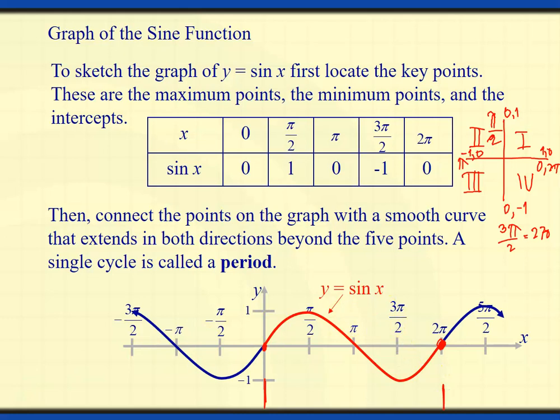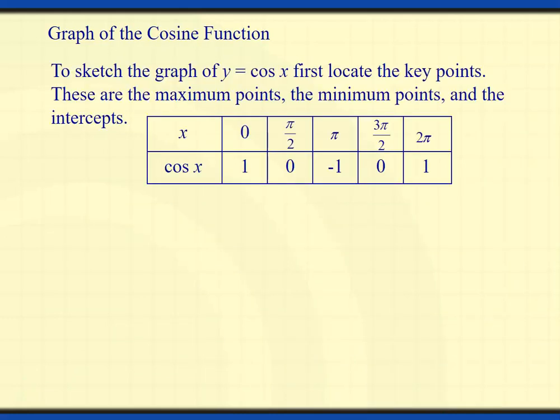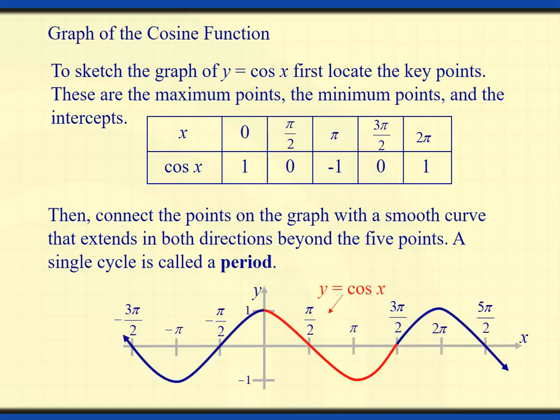What about the cosine function? Cosine 0 is 1, cosine 90 is 0, cosine 180 is -1, cosine 3 pi over 2 is equal to 0, and cosine 2 pi is 1. So therefore, the graph will show this.